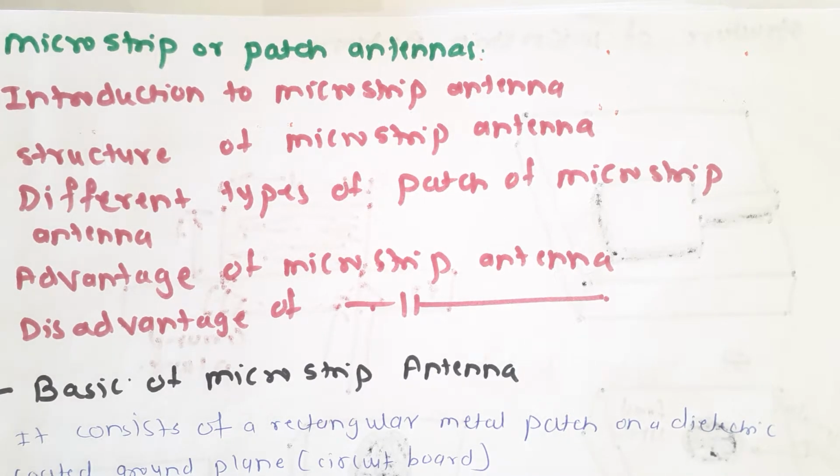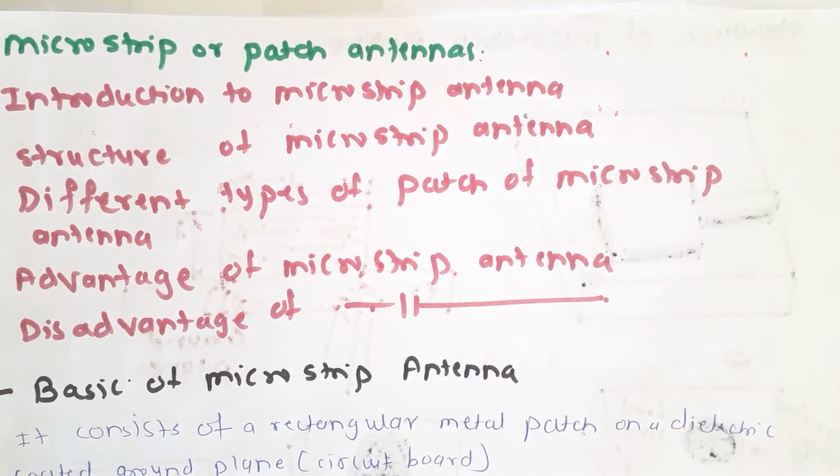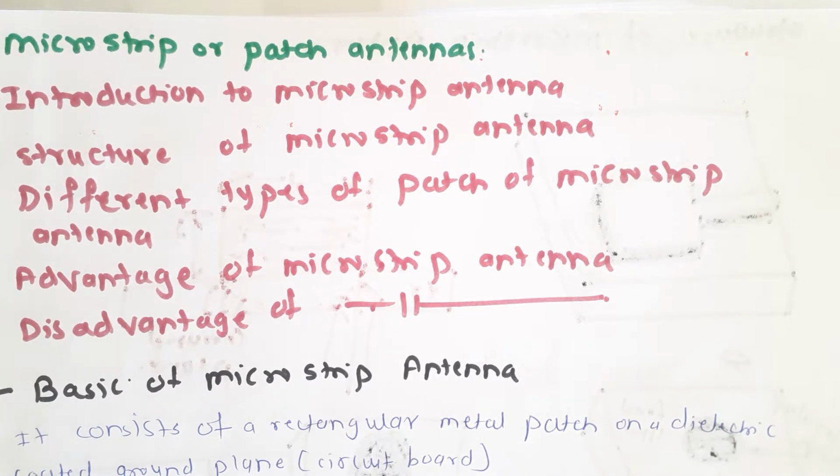Again, weight, cost, performance, ease of installation and aerodynamic performance. These are some advantages of microstrip antenna. Again, it has some disadvantages, but those disadvantages are limited, but the advantages are more. That's why we use this antenna in multiple applications.